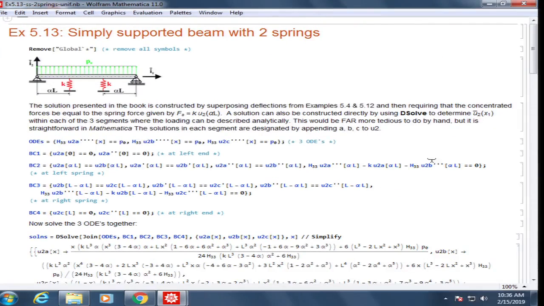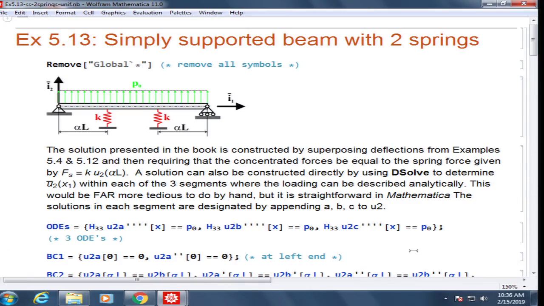Here we have a problem with 2 springs, and we'll quickly go over the boundary conditions for this.